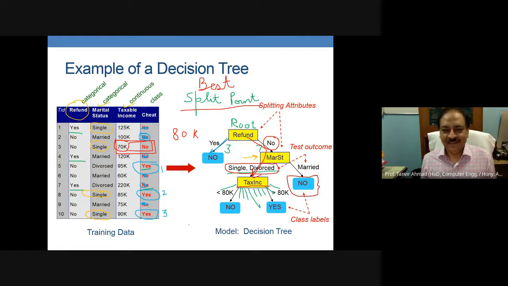Fine. Did you see how it is removed? चूंकि इस ब्रांच में कब आया है जब रिफंड स्टेटस नो है, तो ऑब्वियसली यस वाला हट गया. ये हट गया, ये हट गया यस वाला.